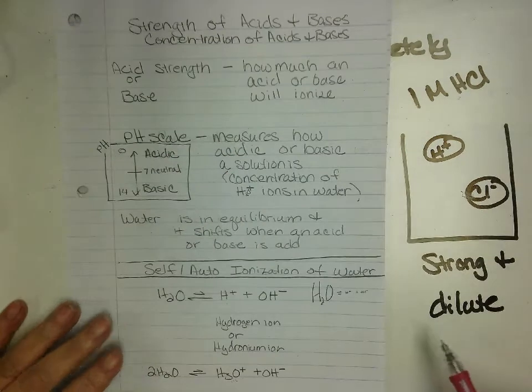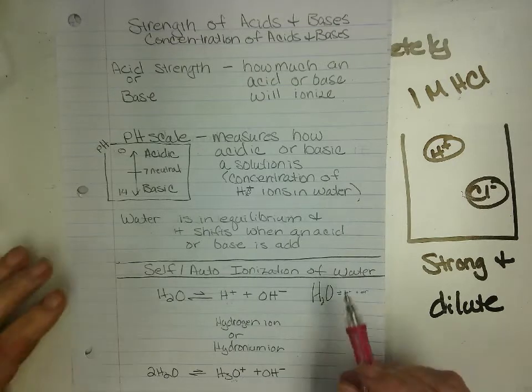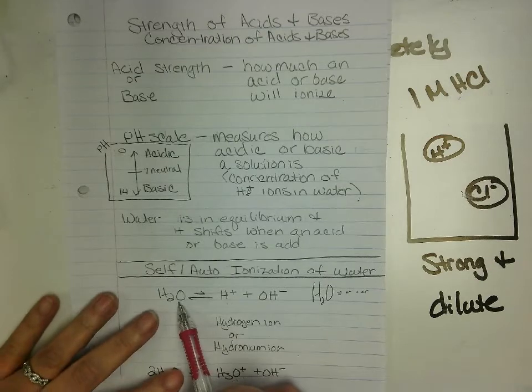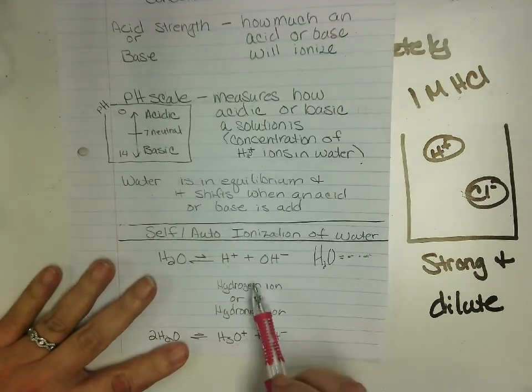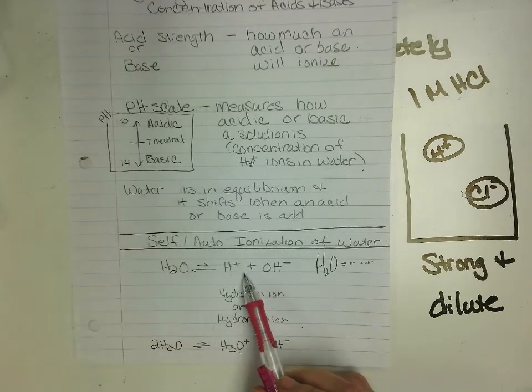And so to understand this play on acids and bases, we're going to talk about a definition that is H plus and OH minus. And basically, water self-ionizes. So water turns into H plus and an OH minus, and we like to call that a hydrogen ion.